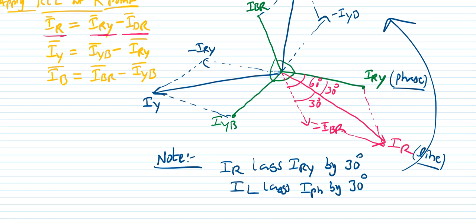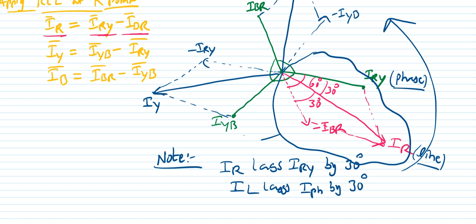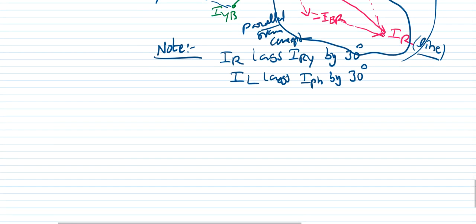After doing this, I will take this portion now. It looks like a parallelogram concept again. You apply that parallelogram concept here, and you try to find what could be the IR here.